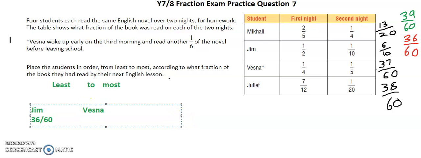And Vesna has read 37 out of 60. The third person is Juliet. And Juliet has read 38 out of 60. And that leaves the final, Mikhail, who has read 39 out of 60.